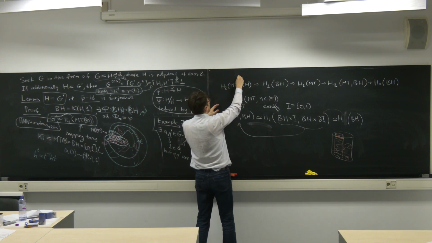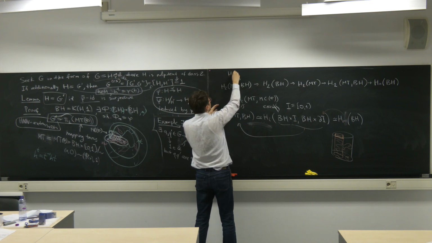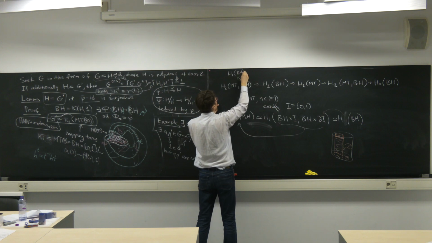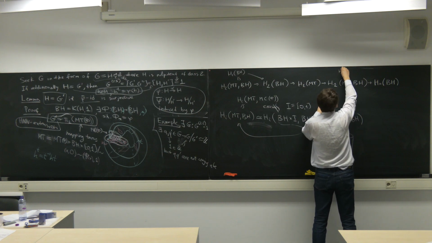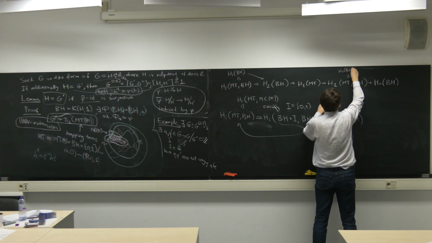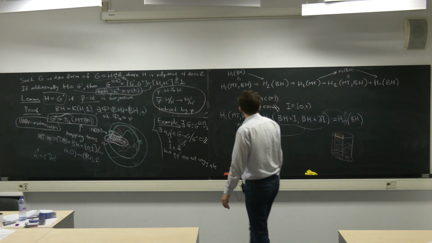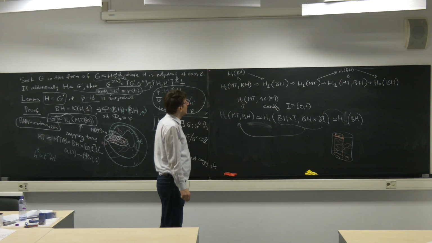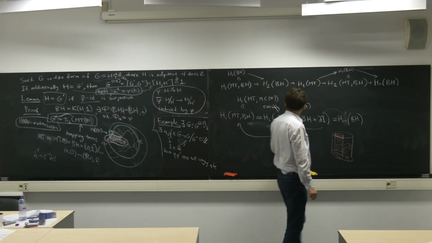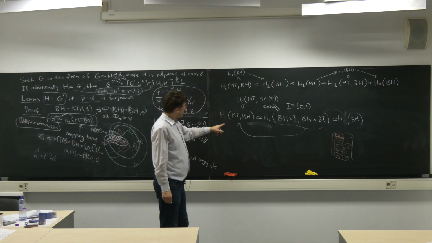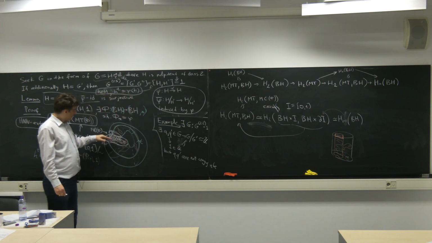So I can write that this is H1 of BH, and this is H0 of BH. Now, what is this map and this map? Let us look at this isomorphism more clearly.